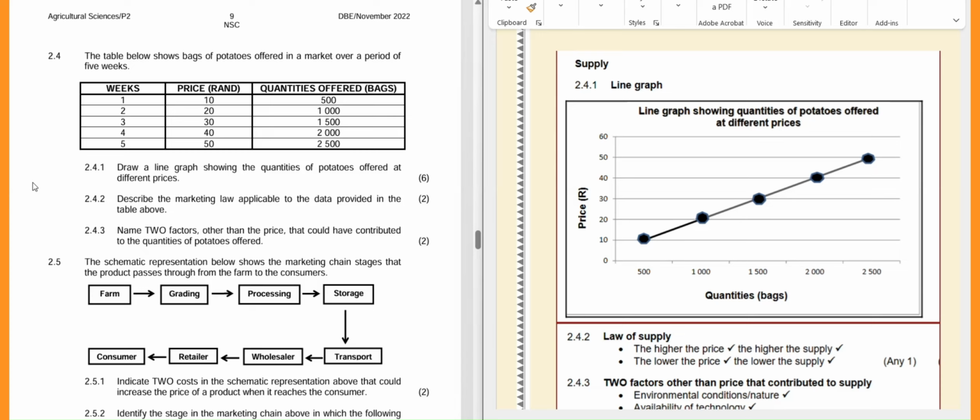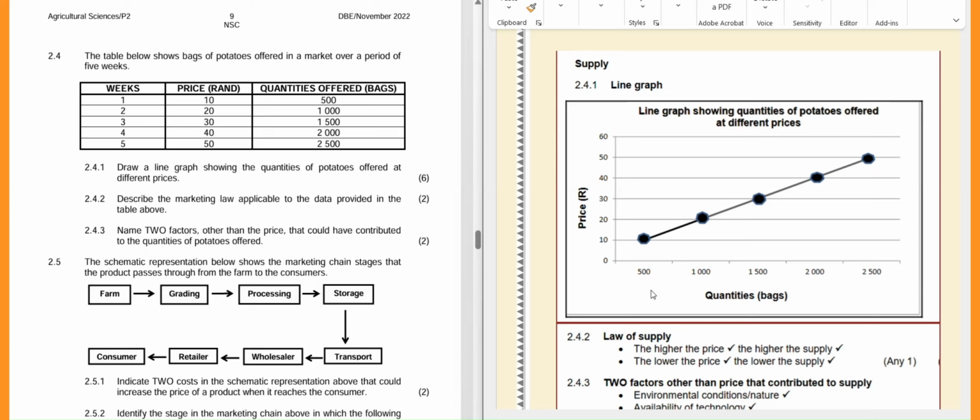And the supply curve, as you know, should start from the left going to the right, so it goes upward. We expect it to go like this. It should go upward.